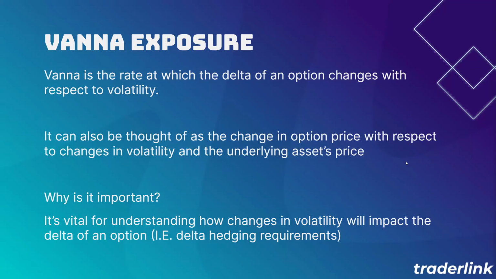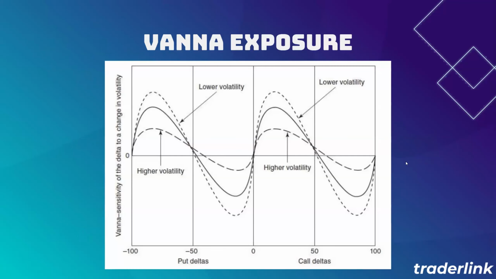So in the next slide, on this graph here, it's just a simple illustration of how to read basically Vanna exposure high sensitivity areas. On Traderlink's site, we have a typical bar graph, just like the gamma exposure one, where there are larger bars with higher Vanna sensitivity, right?